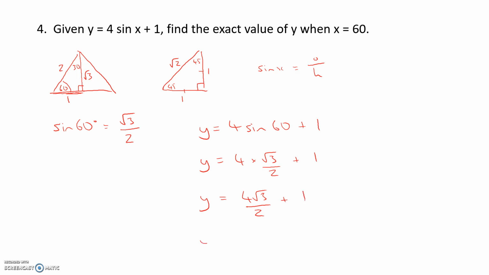And we can do a bit of simplifying because that's the same as 2 root 3 plus 1. Okay, if you prefer, we could cancel something like that. The 4 divided by 2 is just going to give us 2. So y equals 2 root 3 plus 1. That's the exact value. Done.